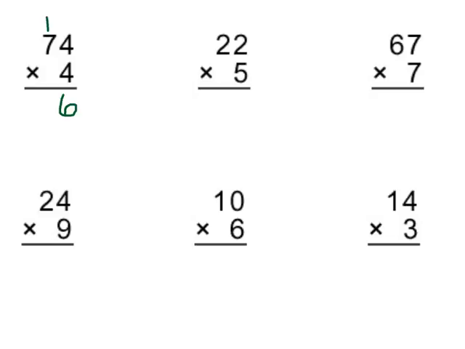So I have 4 times that 7, which is 70, and I know that 4 times 7 is 28. And then I need to add that 1 on top, which is 29, and that gives me 296.